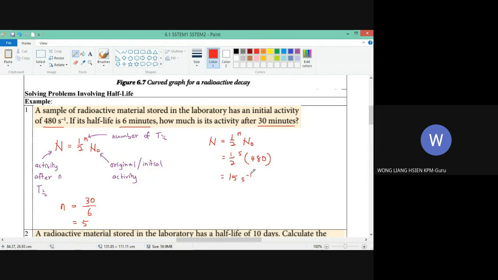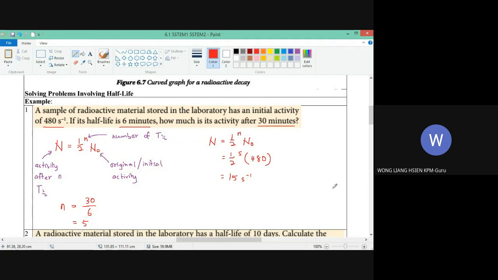So that means after 5 half-lives, the activity of 480 per second will decrease until it is left 15 per second. Okay, so this is one method of answering this question. That means you use the equation. This is one method.